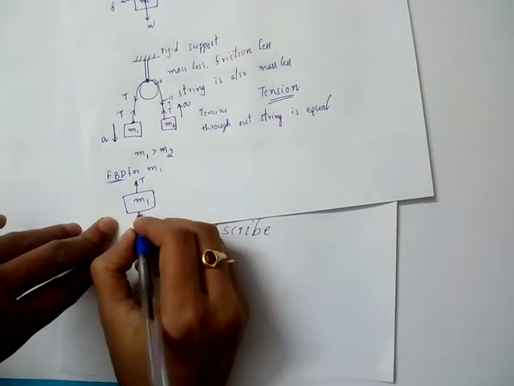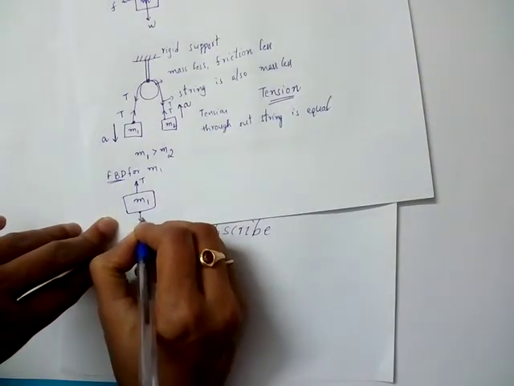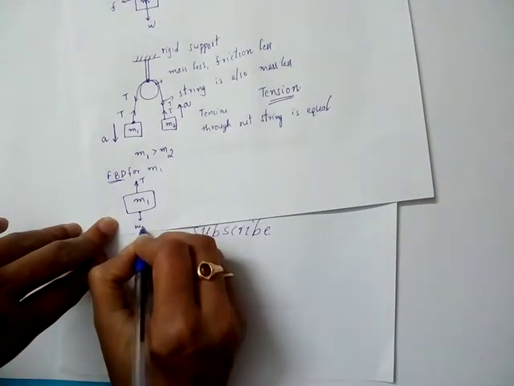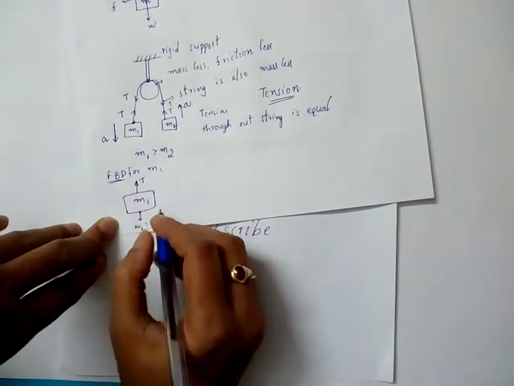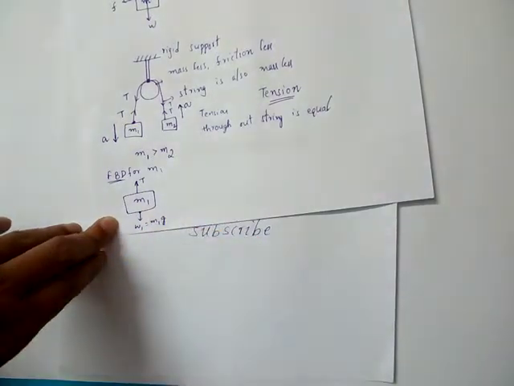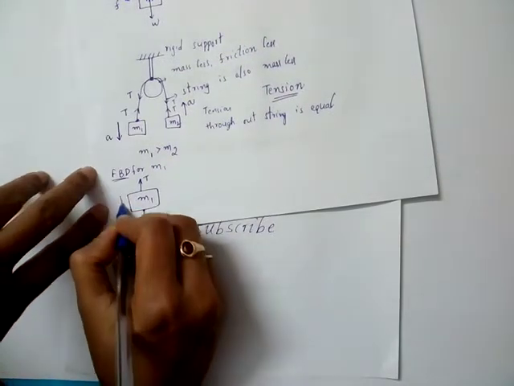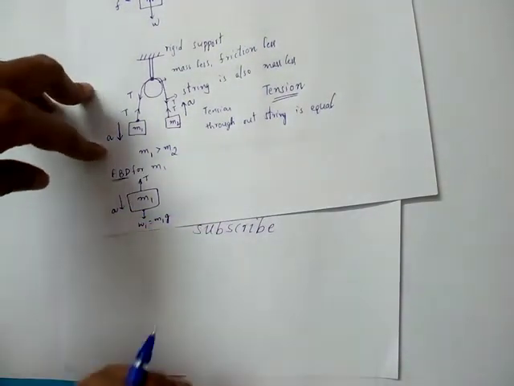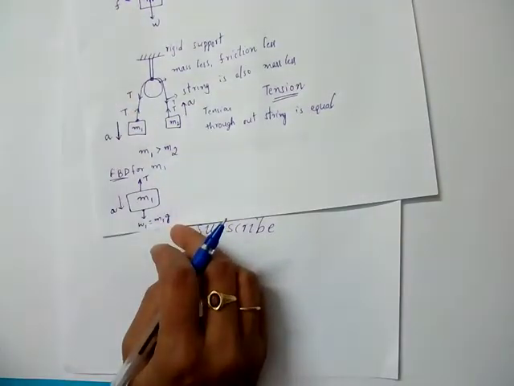And when mass is there, there will be gravitational force acting. Let us take this as W1 because it is mass 1. W1 will be equal to M1G.